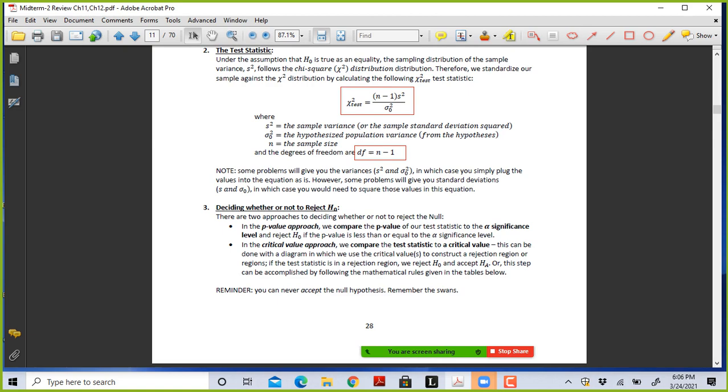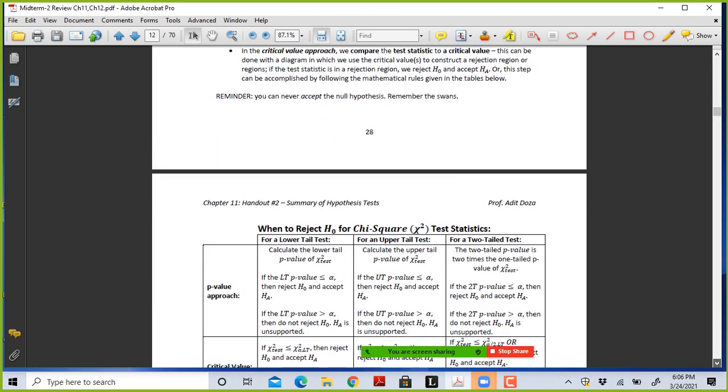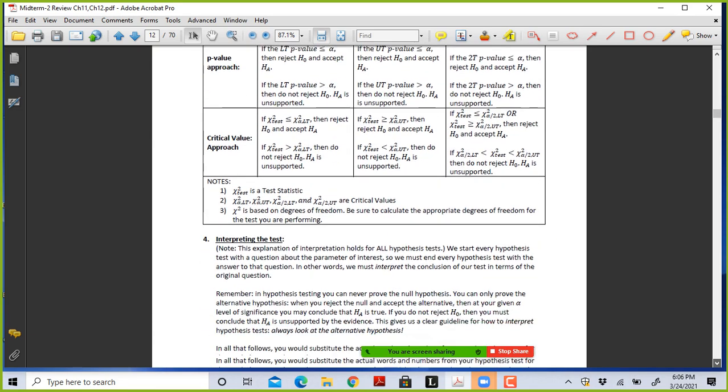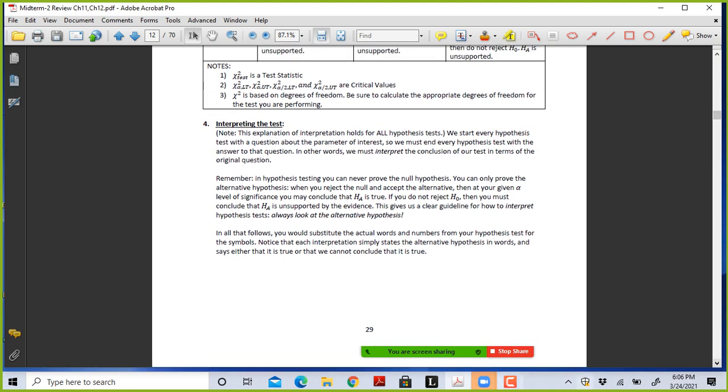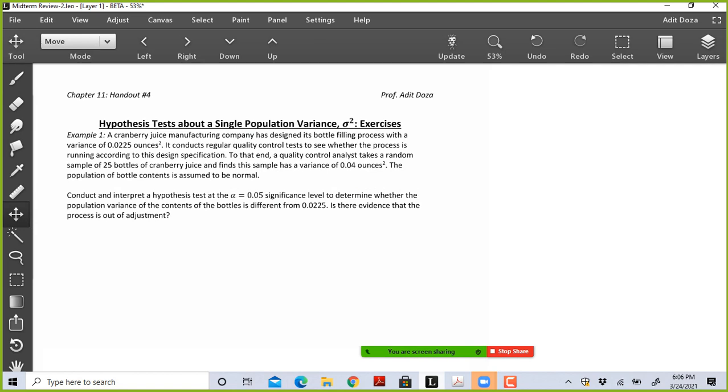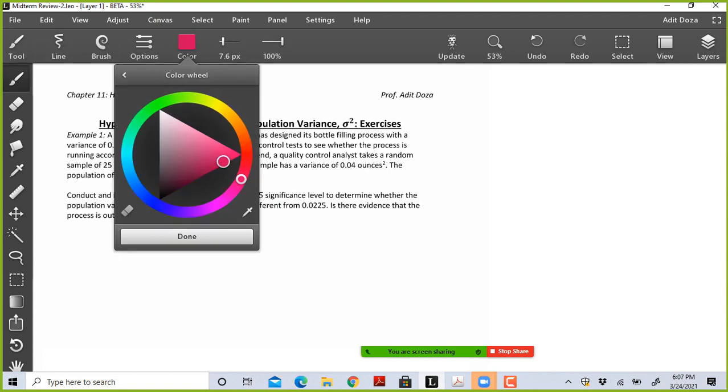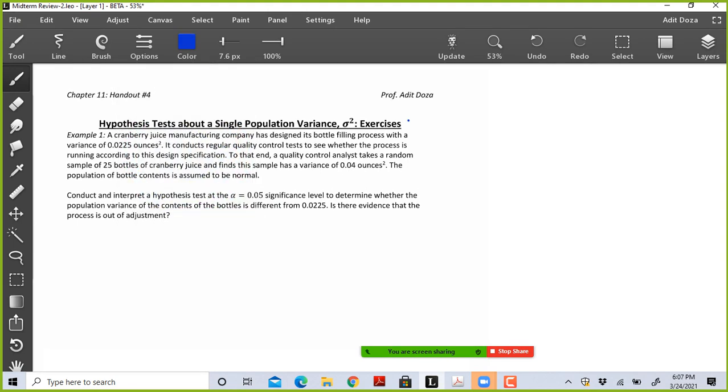So let's do a problem. We have covered it in our lectures, but doing a problem will refresh your memories. Let's use a different color. Okay, let's do this problem.